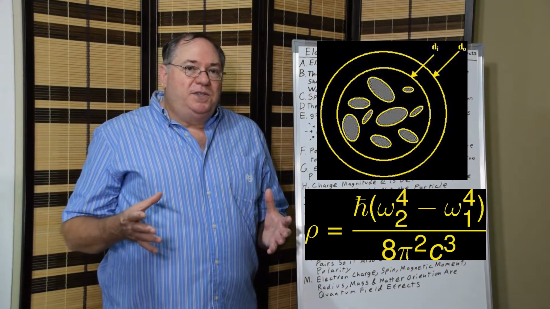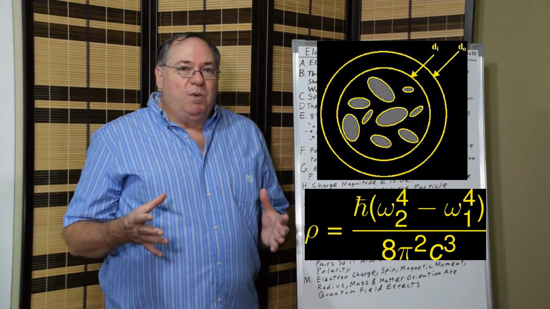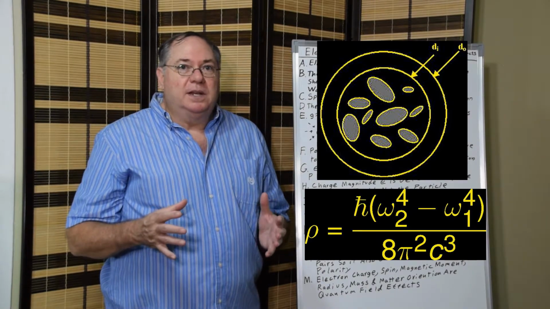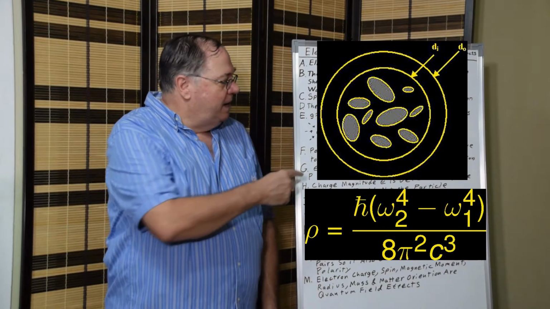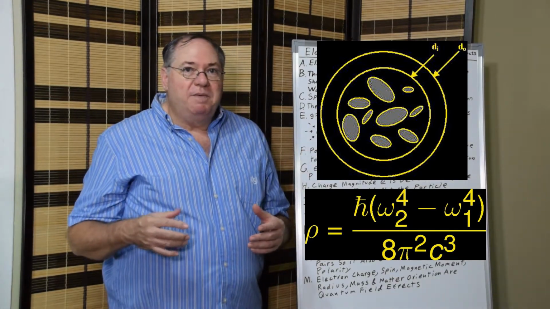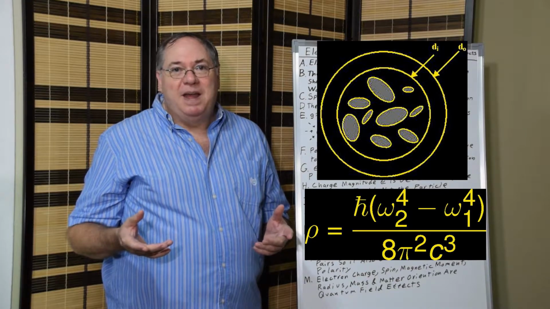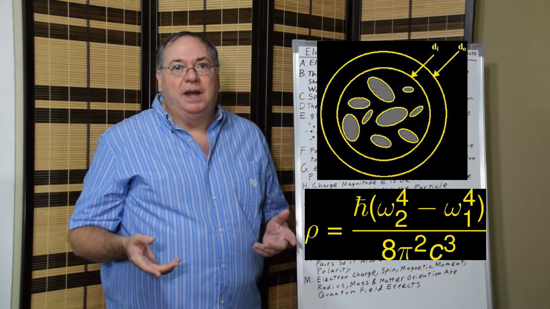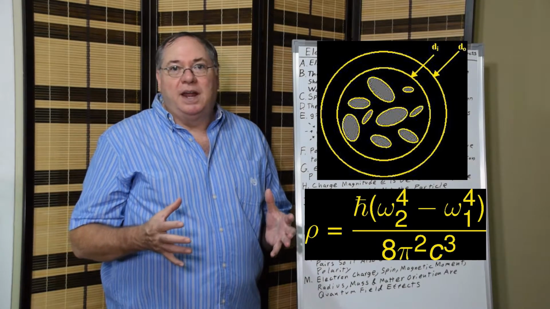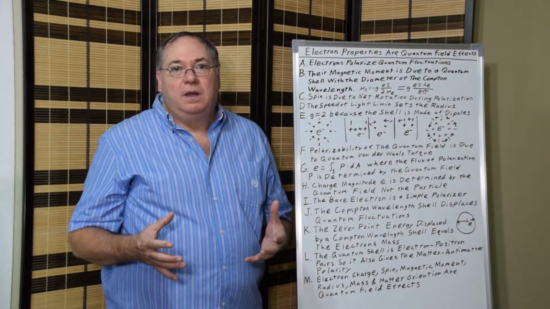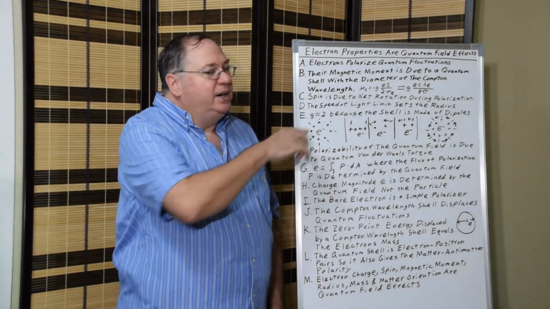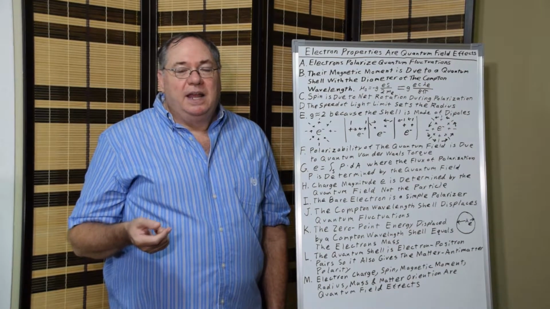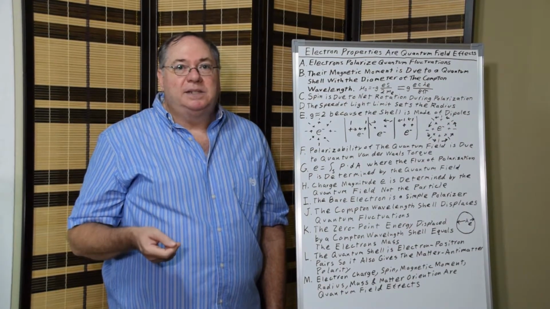And if you use the energy density equation for the quantum field for the wavelengths of a nominal thickness shell of this type of structure, we find that the electron's mass is equal to the 0 point energy excluded by a Compton wavelength diameter shell. So the shell that's necessary to get the magnetic moment that we know is real also gives us the mass of the electron.